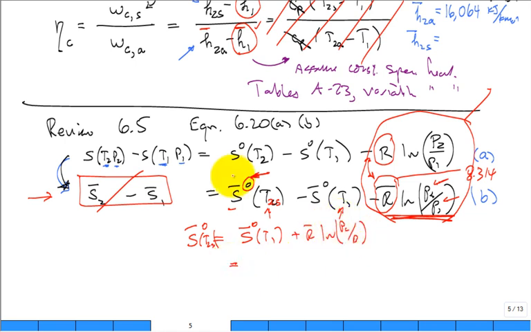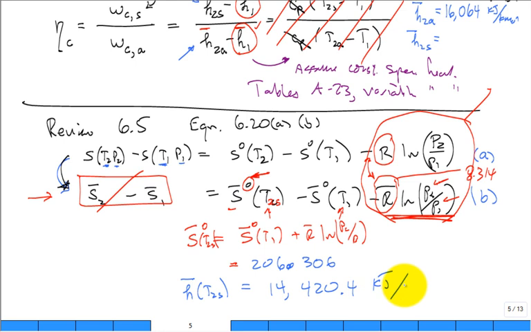And when you calculate that, let me look it up here. It comes in at 206.306. That's way too many digits, but hey, keep them. Then you went in and you interpolated in table A-23, knowing that's S bar naught, and you interpolate to find H bar at T2s, and that interpolation gives us 14,420.4 kilojoules per kilomole.